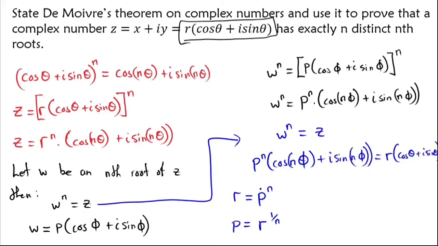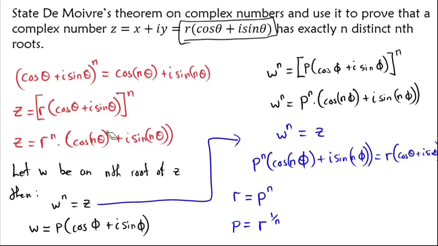Because what I've done here is I've simply raised the right hand side to 1 over n, same thing here, 1 over n. So this n cancels that n, then I have that expression. So we are saying that p is equal to r to the power 1 over n.